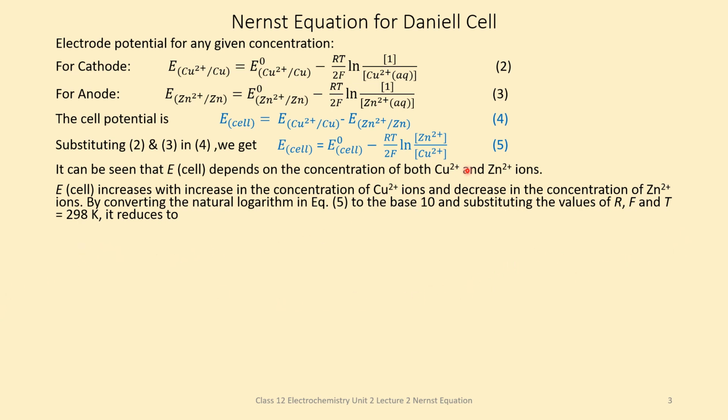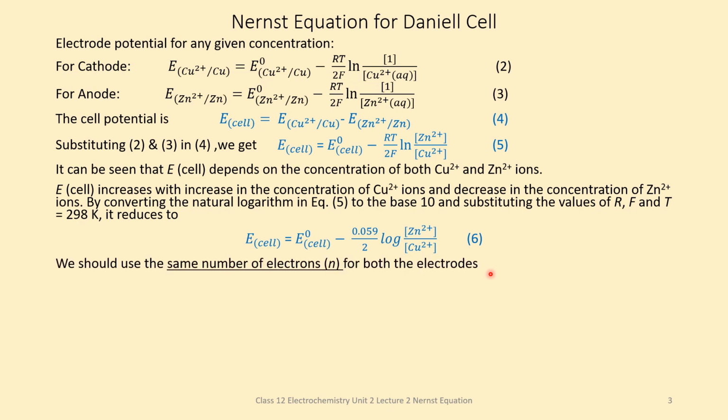We can reduce this equation in terms of log to base 10 as E of cell is equal to E naught cell minus the coefficient of natural log, and converting to log base 10, we get 0.059 over 2 into log Zn2+ over Cu2+. Let it be equation 6.